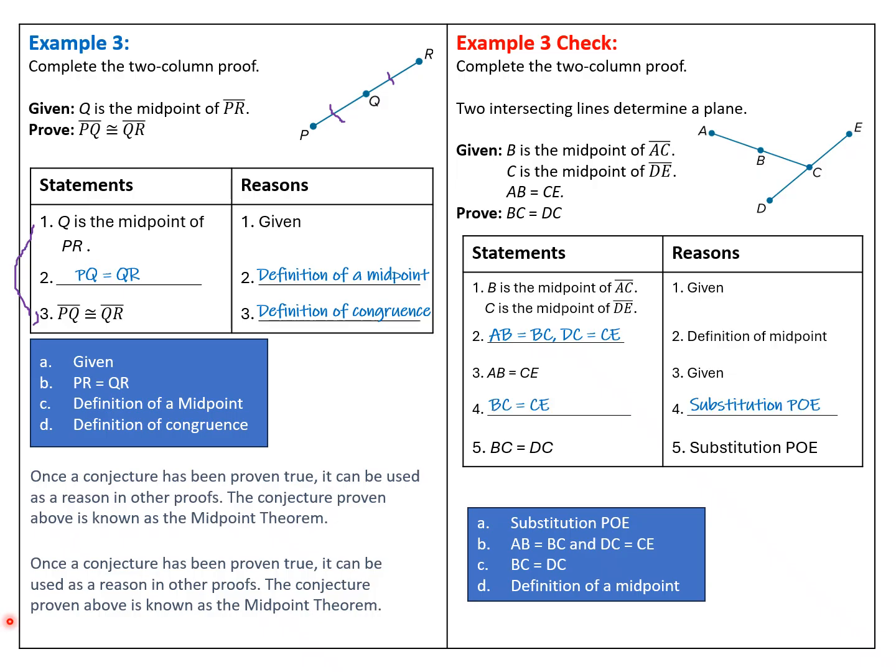It was substitution. So we write substitution property of equality. If you just write substitution, I would accept the answer. So what allowed us to go from BC to CE? We substituted CE with DC, and that was the substitution property of equality. So you've completed the Example 3 check. Let's move forward.